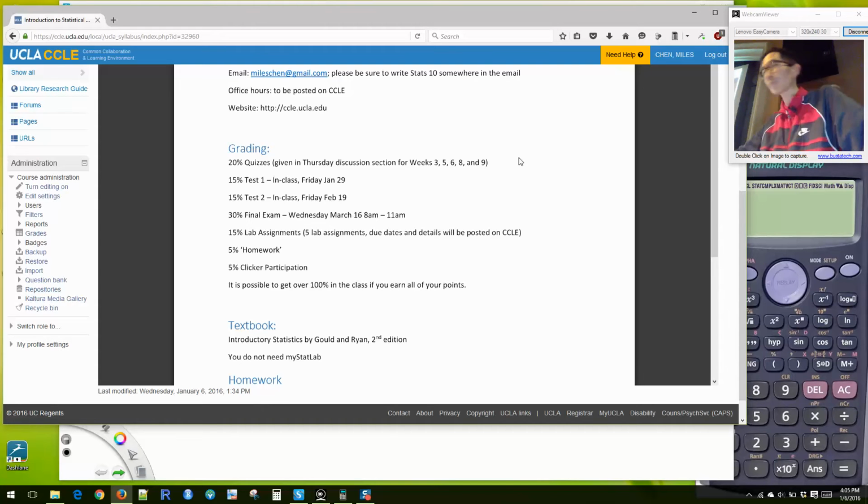We'll also have two tests. You can think of these as midterms, but they're not really midterms. They're worth only 15%, and they'll be in class here on these selected days. You will have a final exam. That's the big 3-hour test at the end of the quarter. And I believe this is our final exam scheduled time.